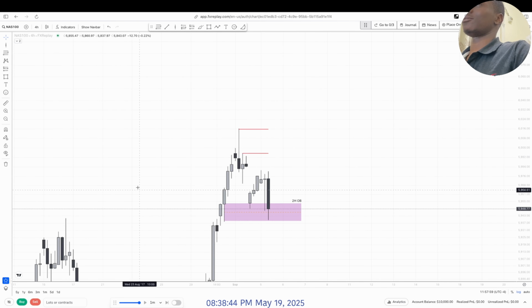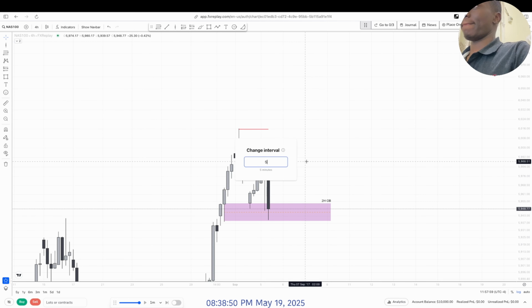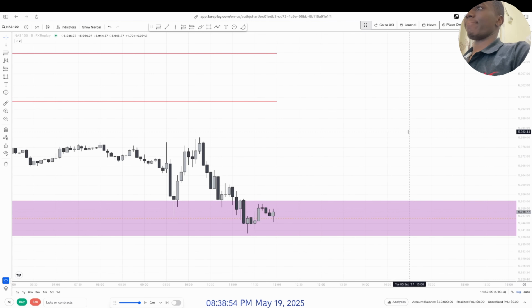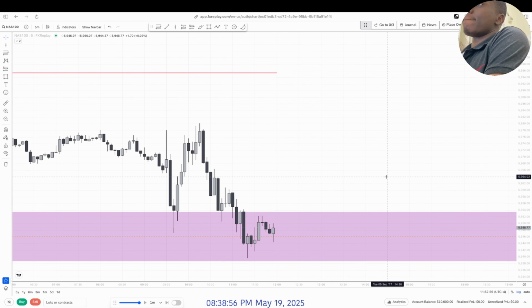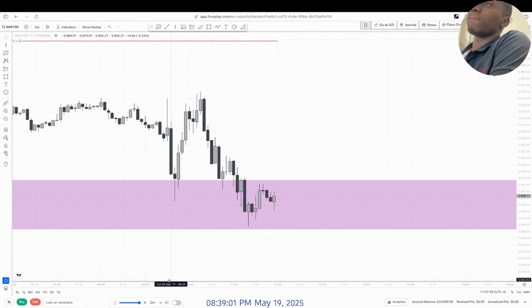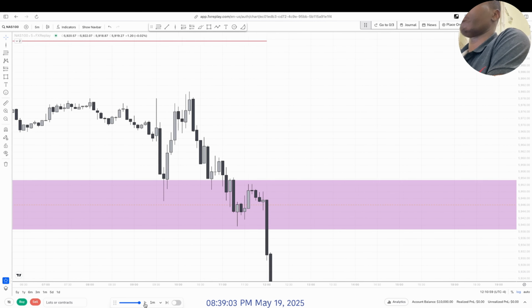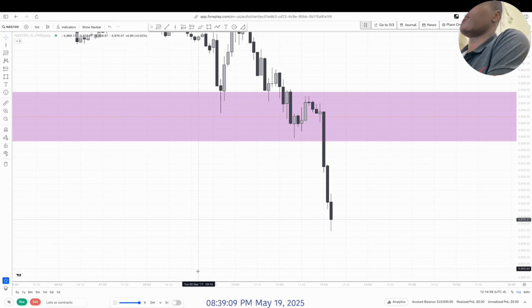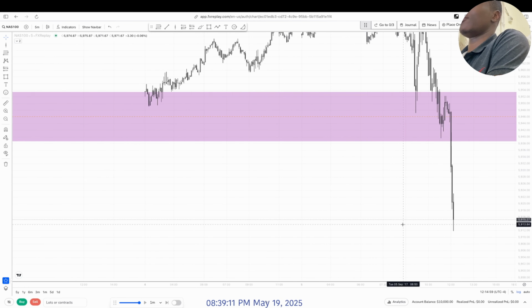So let's wait for a confirmation to see if we can push even lower below this OB. So we drop below, under the 2-hour order block.